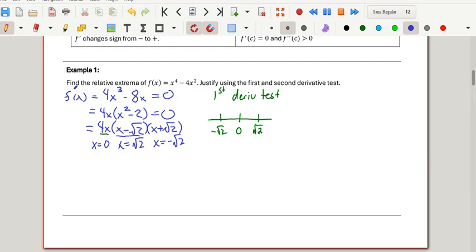Blue, red. Since these are standard x plus, x minus factors, you are negative up until you hit that number and positive afterwards. So starting with the 0, which is green, I am negative up until I hit the 0, positive after. Moving on to the positive square root of 2, negative up until you hit positive square root of 2.